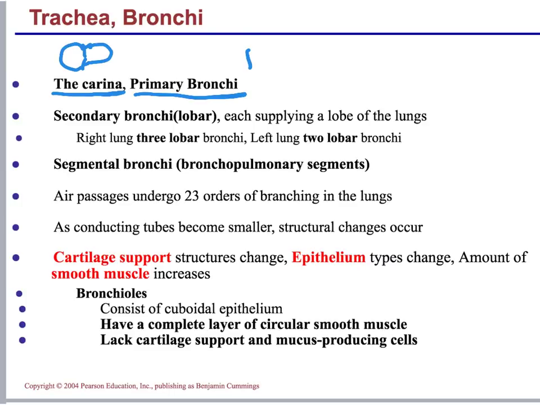We have the right primary bronchus and the left primary bronchus. The right extends down into the right lung, and the left extends into the left lung.